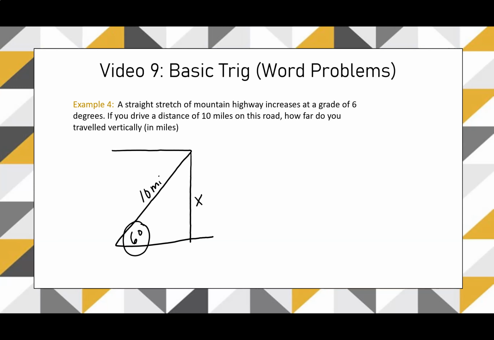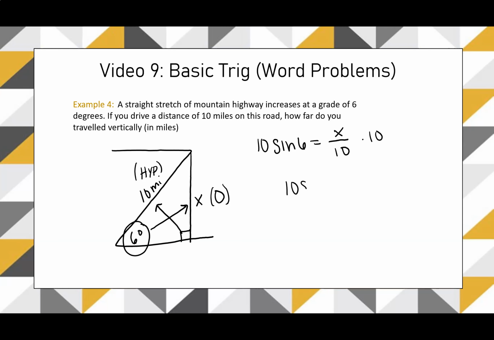So this is going to be my opposite, and this is going to be my hypotenuse. All right, so we have O and H, which is going to give us sine. So we have sine of 6 degrees equals my opposite, which is x over 10. Go ahead and multiply by 10.